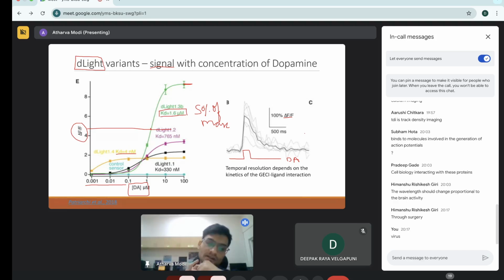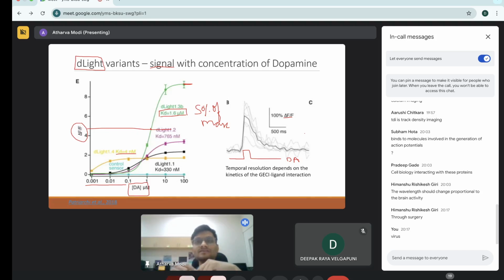Yeah, through surgery, but do you inject the protein? Many people are not from a biology background. So basically, a virus. If you inject protein, it will get metabolized or degraded inside the cell over a few hours or days.